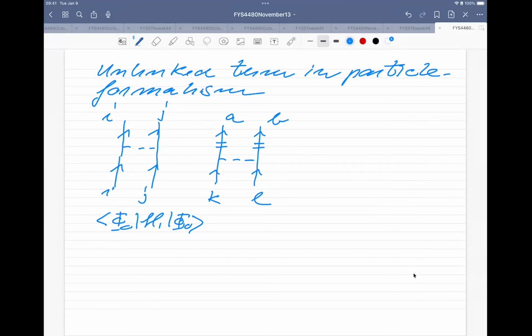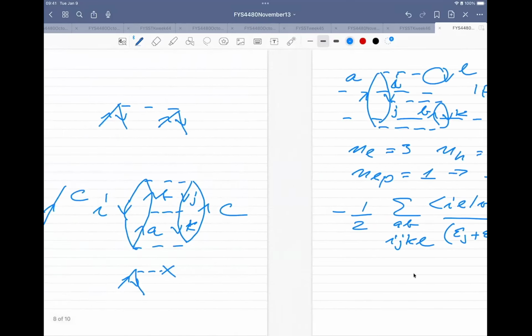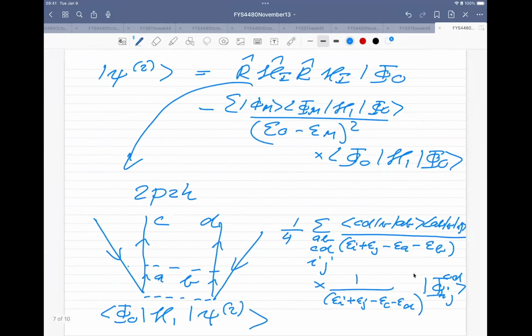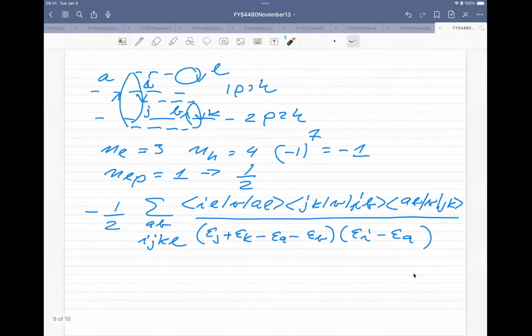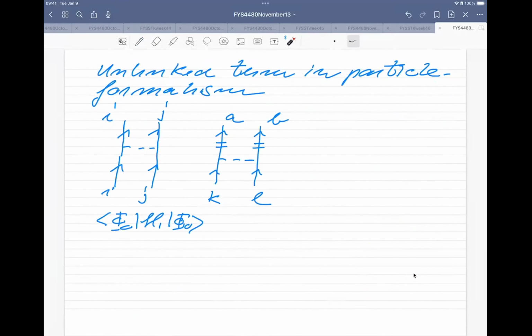Then we are going to multiply from the left of the contribution to the wave operator. So if we take the wave operator, which we have here, and then we multiply with phi 0 and h of I against this one, then it's obviously this state which has to be connected with the interaction. If we also look at this intermediate state, which you have here, this is a two-particle, two-hole.